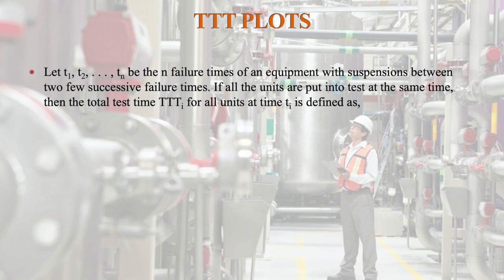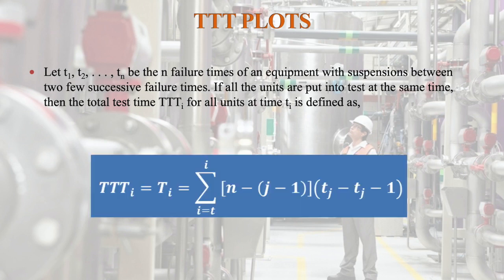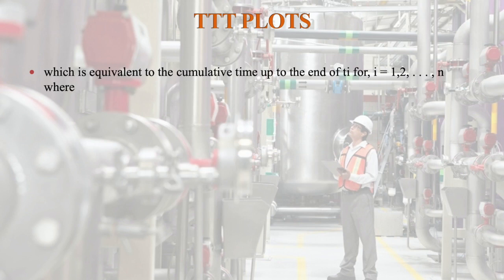If all the units are put into test at the same time, the total test time TTTi for all units at time Ti is defined as TTTi = sigma j = 1 to i of (n - j + 1)(Tj - Tj-1), which is equivalent to the cumulative time up to the end of Ti for i = 1, 2 up to n, where T0 = 0. This is shown pictorially in figure 8.2.